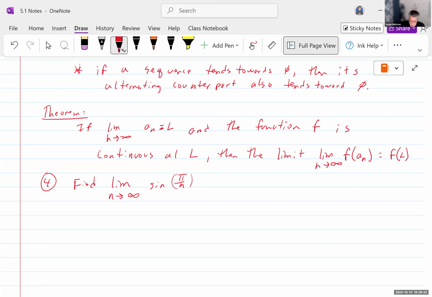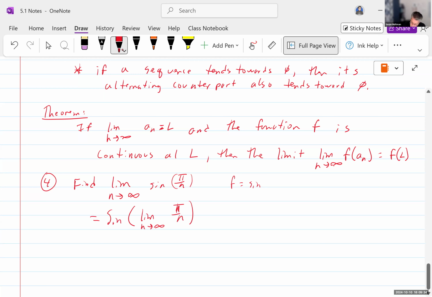And then evaluate that. So we can let the sine function here be my f. So f is equal to the sine function. We can say that the limit as n goes to infinity of sine of that is equal to the sine of the limit as n goes to infinity of pi over n.